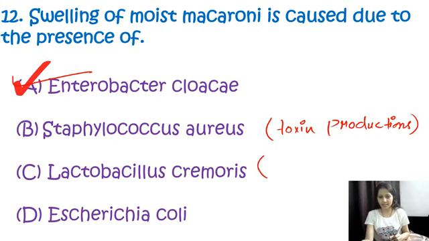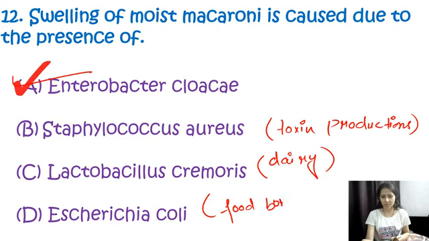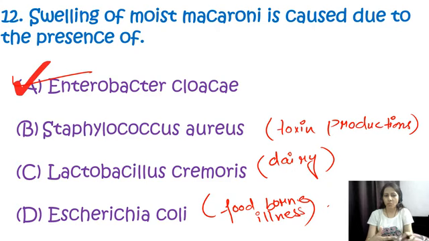Since Lactobacillus, we are getting the name, it's used in dairy fermentation cases. And Escherichia coli, that is E. coli, we know can cause foodborne illness, and it is related to foodborne illness. So over here, my correct answer should be option A.